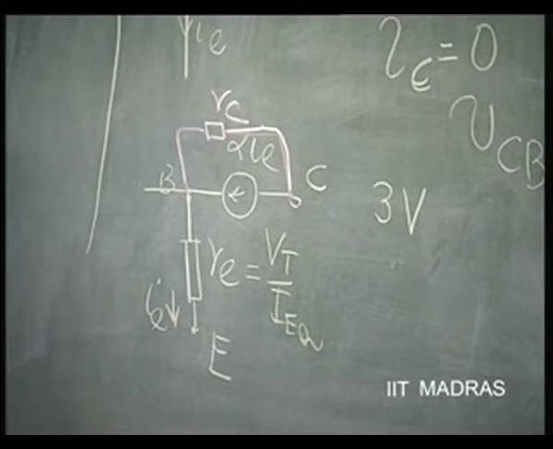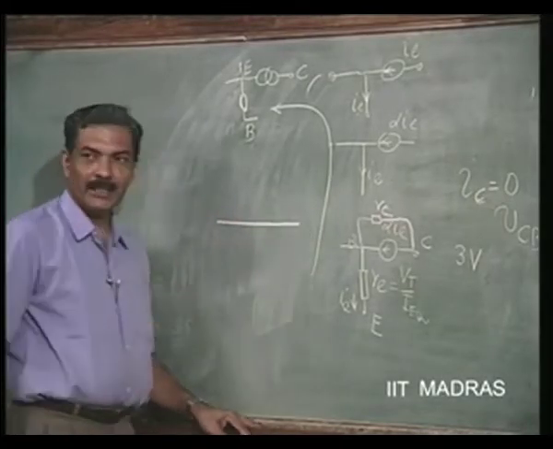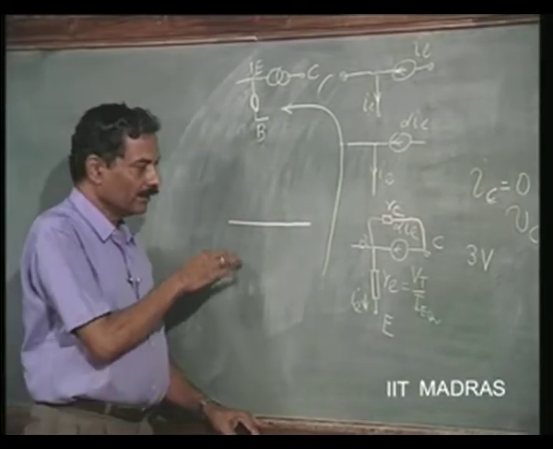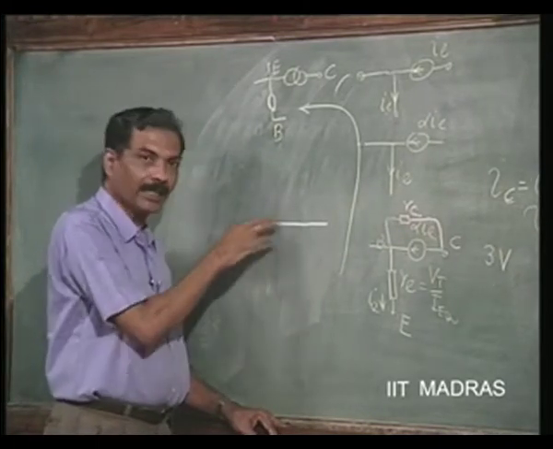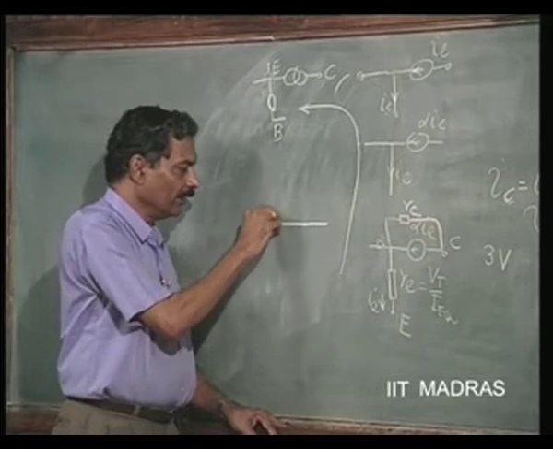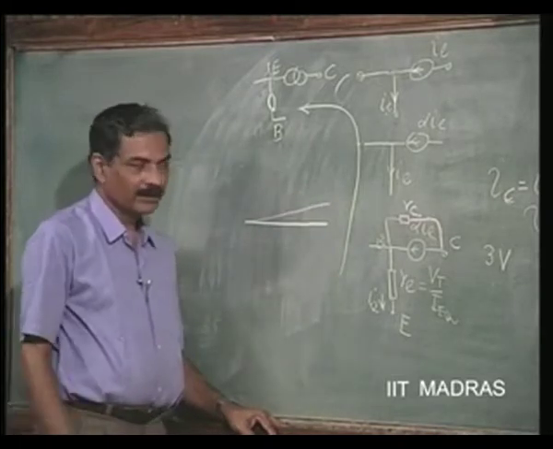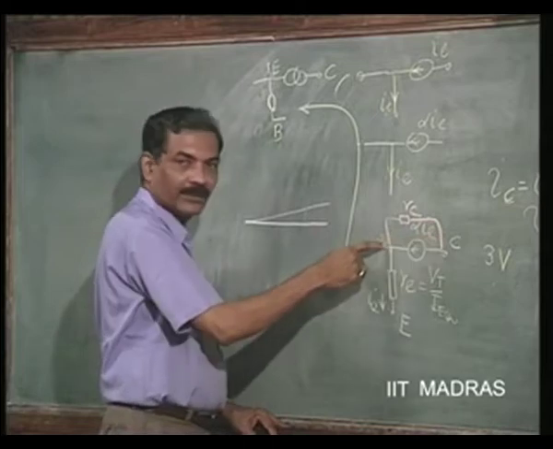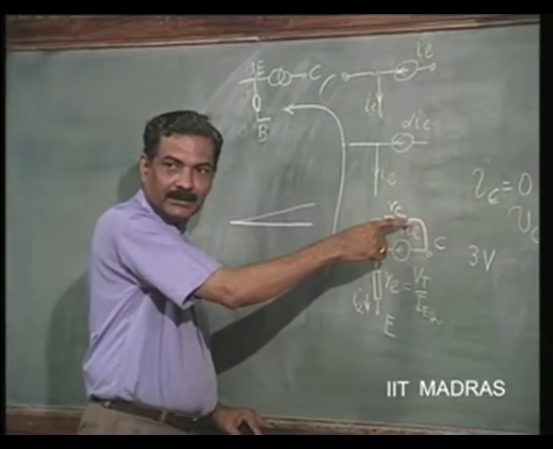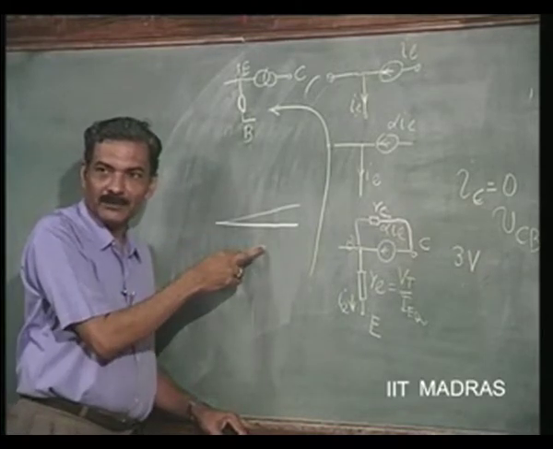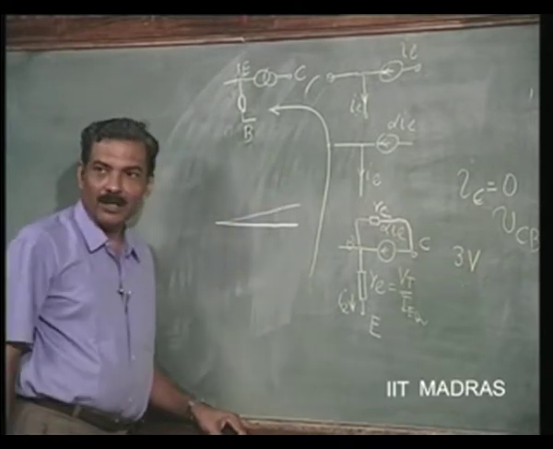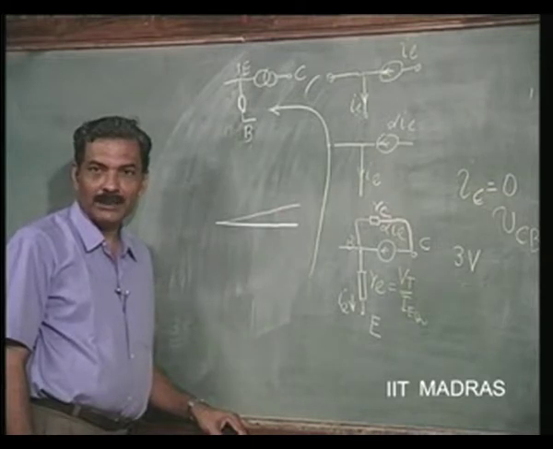What does this mean? At any given operating point we had assumed that the characteristic is independent of collector base voltage, but there is a dependence on collector base voltage for this current. That is why the collector base voltage dependence comes about because of RC. Earlier it was independent of the collector base reverse bias voltage, but there is a dependence on collector base voltage now.